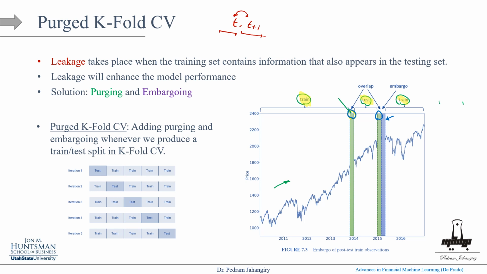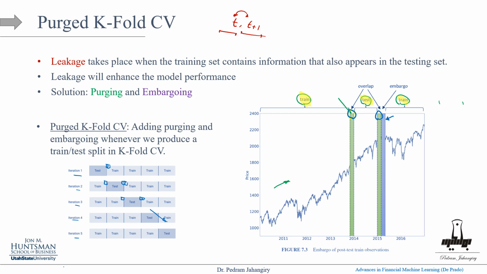Let's say I have my own 5-fold cross-validation, right? So 1, 2, 3, 4, 5. And every single time that you see a train test split, you're going to apply purge and embargoing. So for example, right after test, we are going to have purge, embargo, and then purge, purge, embargo, and so on.